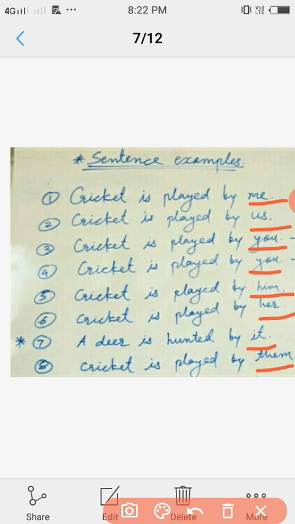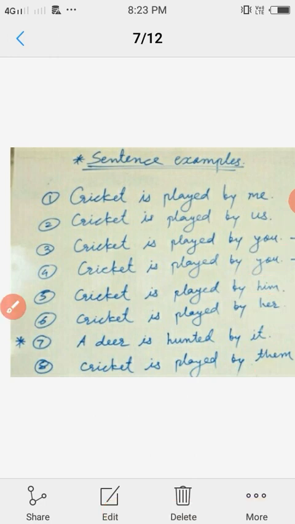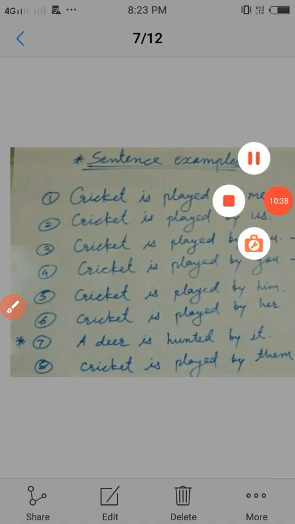The reason is it belongs to things or animals, etc. So as this sentence is about an animal, a deer is hunted by it, and through the pronoun it, I have to mention any wild animal, so I have used over here the pronoun it.